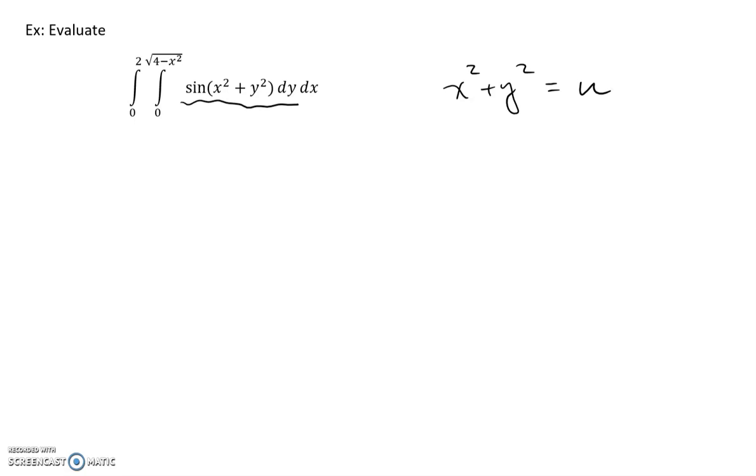And if I think about trying to do u substitution there, let's say I do du with respect to y, since that's what's first. I would really have, well, x squared would go to 0. I would have 2y dy, and I don't have this y in there. So the u substitution doesn't work because I don't have the derivative of the inside function as a factor in the integrand.